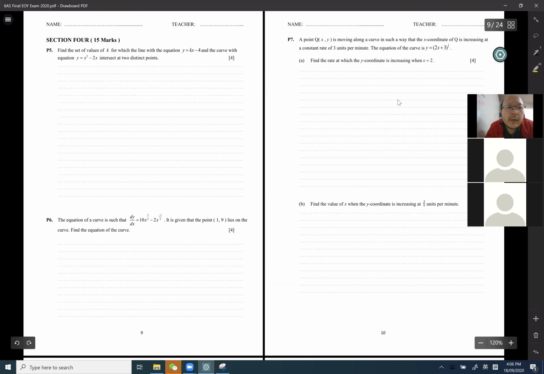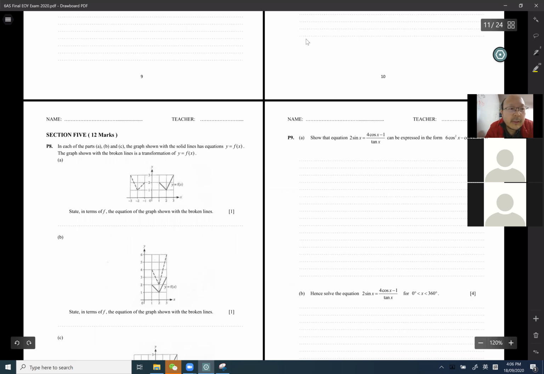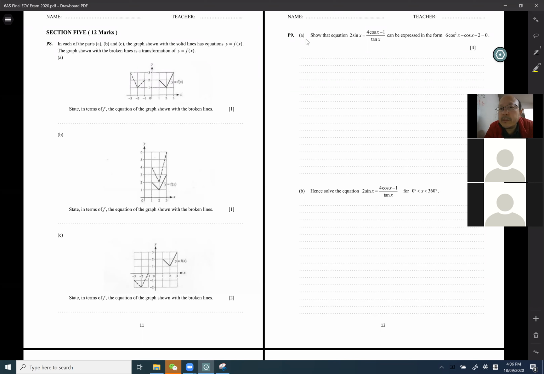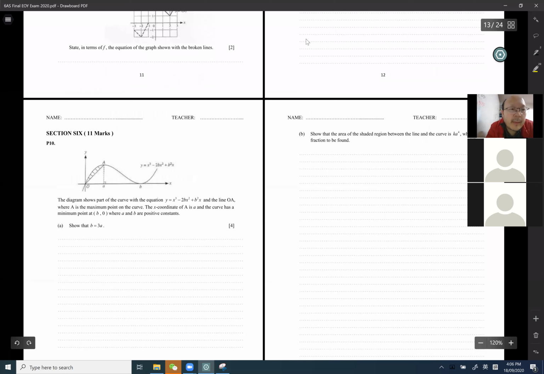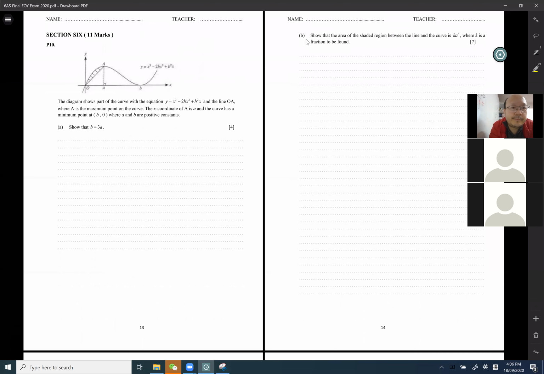Section 4, again function, but polynomial. This is integration. This is rate of change, like differentiation. This is transformation. P9 is a trig.